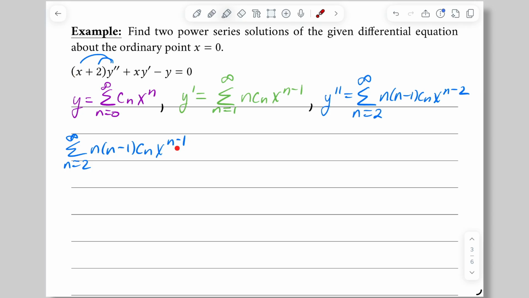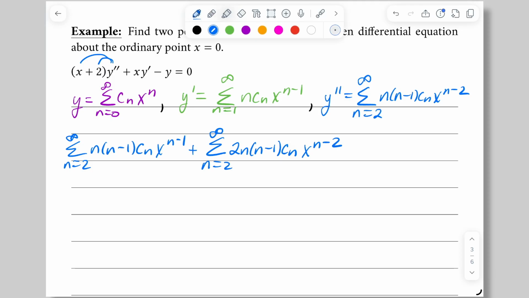So the exponent increases by 1. Plus, the sum as n goes from 2 to infinity of 2 n times n minus 1 c sub n x to the n minus 2.